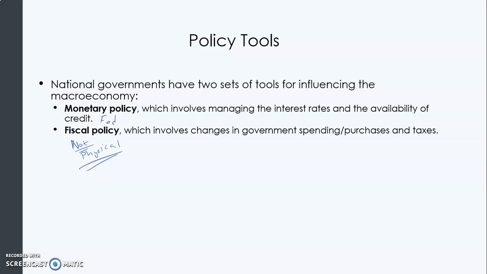In the US, this is done by the Fed, the Federal Reserve Bank. Fiscal policy is done by the government. That's Congress and the President. So there are a lot of very recent fiscal policy tools that we could talk about. Probably some of you guys are going to use them in your papers, so that would be a great place to start.